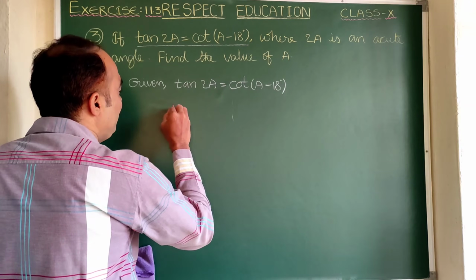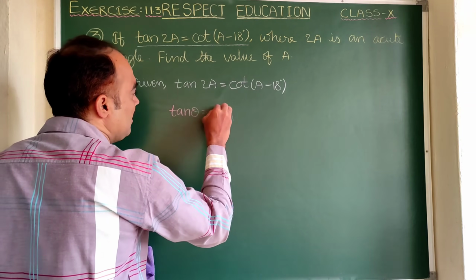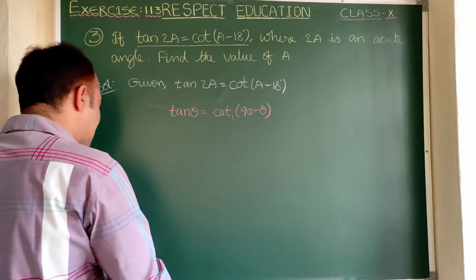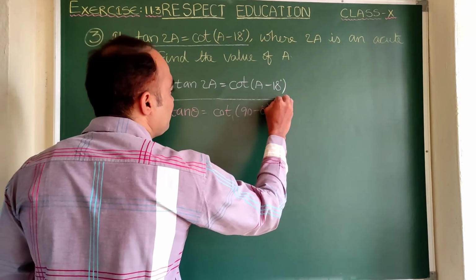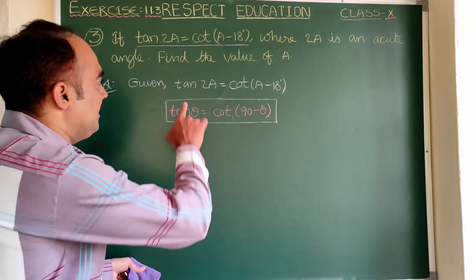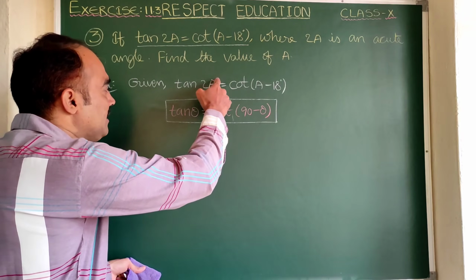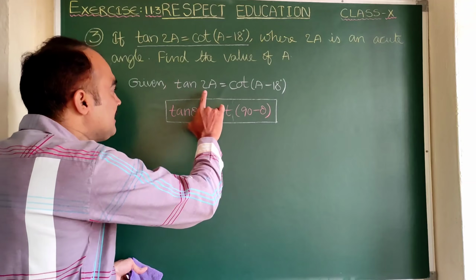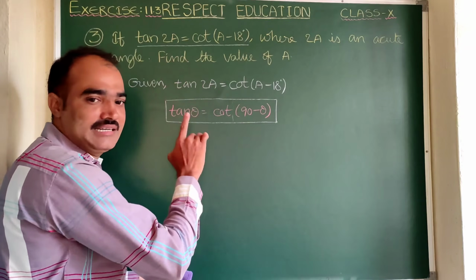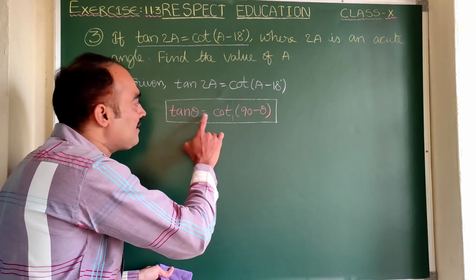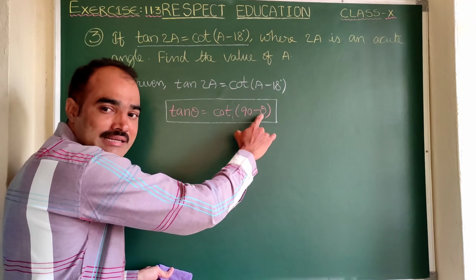First, let us start solving this problem. We know that tan theta is cot(90 minus theta). Let us apply this formula first. Just imagine 2a as theta, so this is tan theta, and tan theta can be written as cot(90 minus theta).